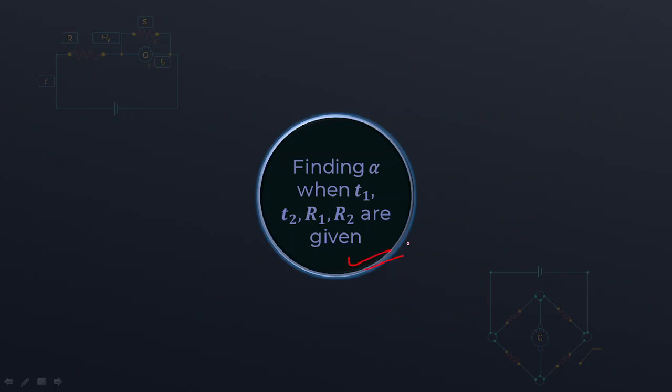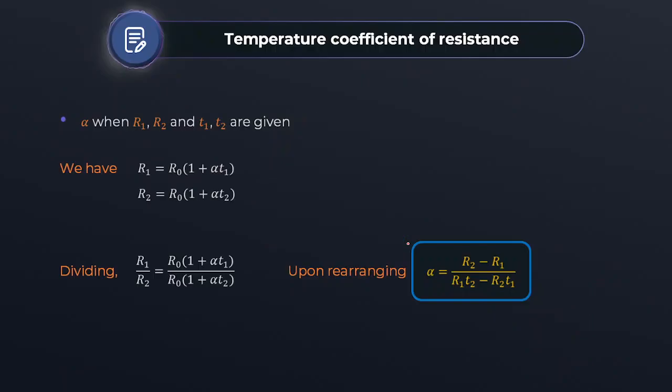Next, suppose at temperature T1 the resistance given is R1, and at temperature T2 the resistance given is R2. How can we find alpha? Alpha is not given. So in this case, we will assume that at T equal to 0 degrees Celsius, the resistance was R naught. This is our reference.